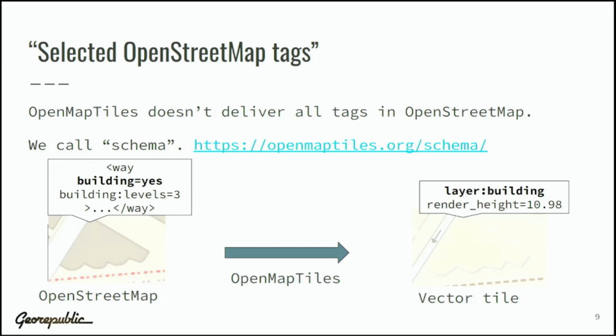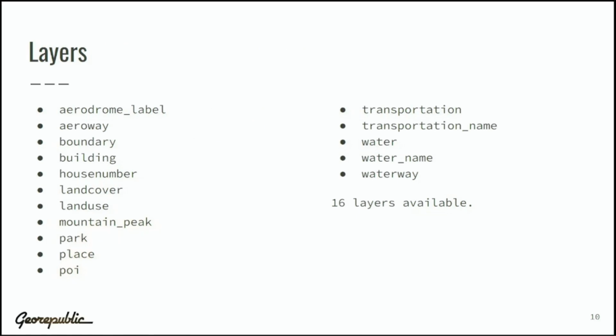So OpenMapTiles converts every attribute to render for vector tiles. And currently 16 layers are available.